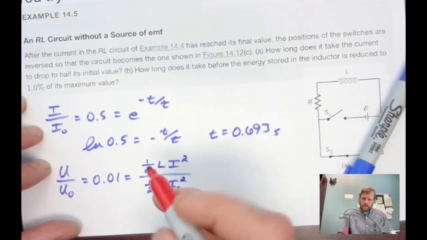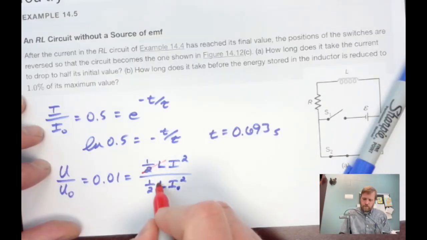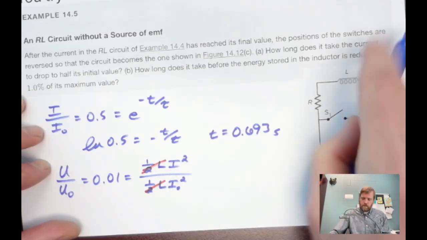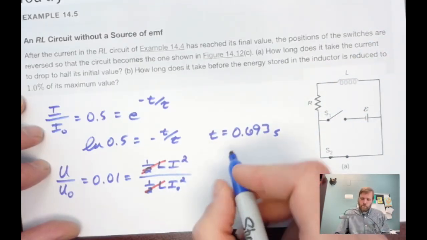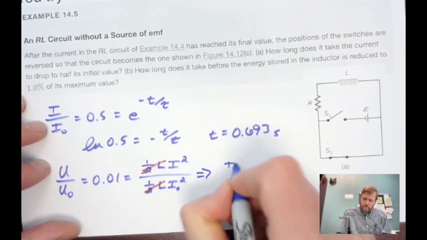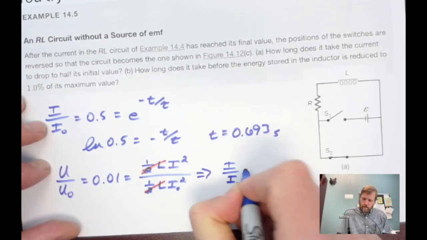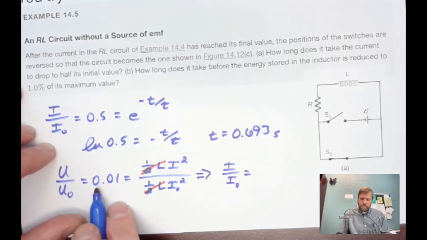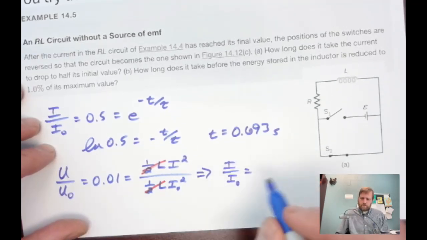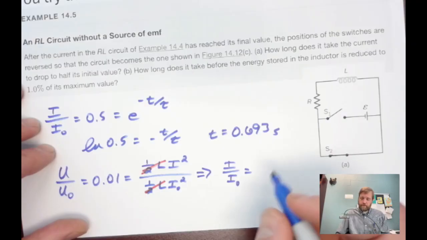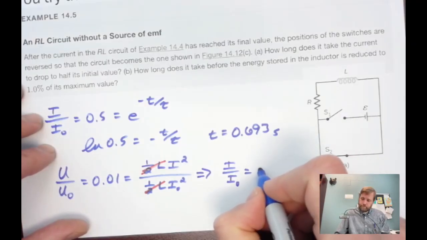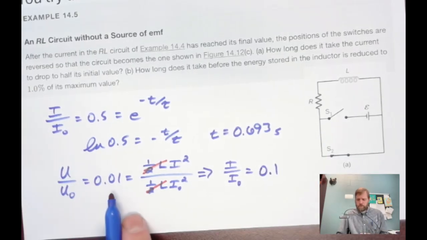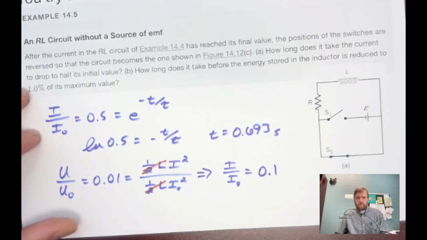Everything cancels except for the I's. So I over I naught is the square root of 0.01, which is just 0.1, because that's 1/100th, and the square root of 100 is 10.